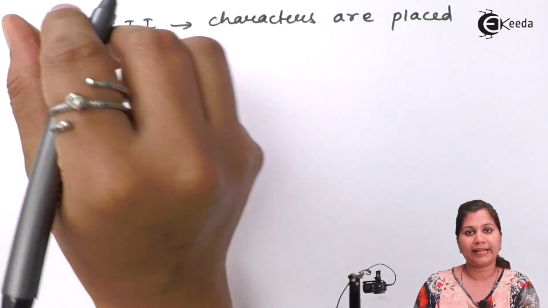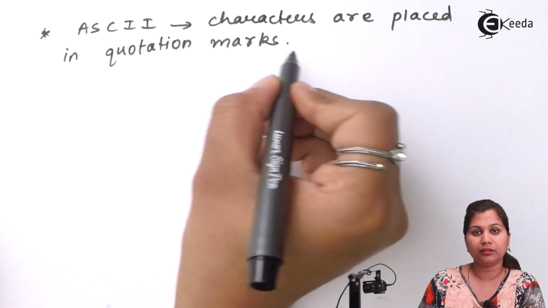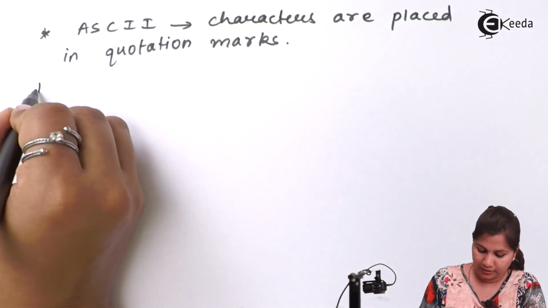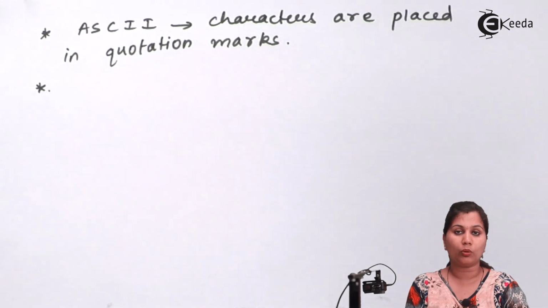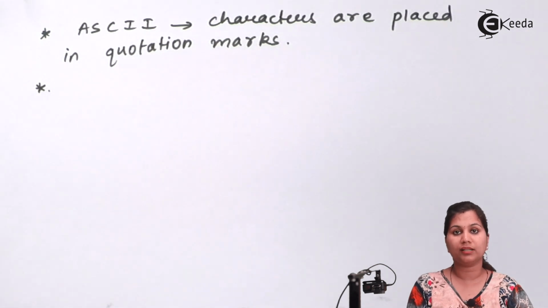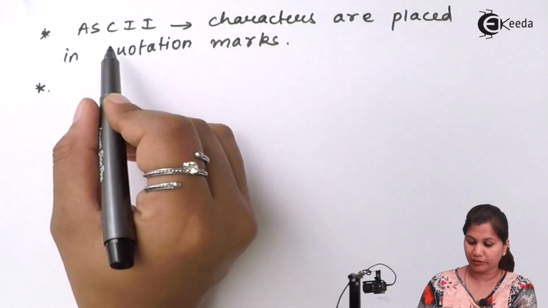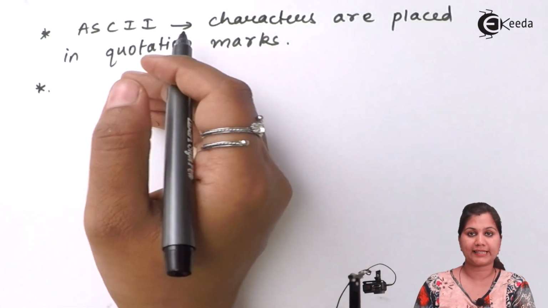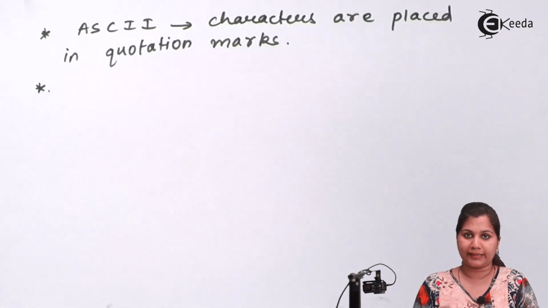For binary we write B, and for ASCII characters we write them in quotation marks. This DB directive is the only directive which allows the 8051 to define string characters or ASCII characters in the form of bytes.